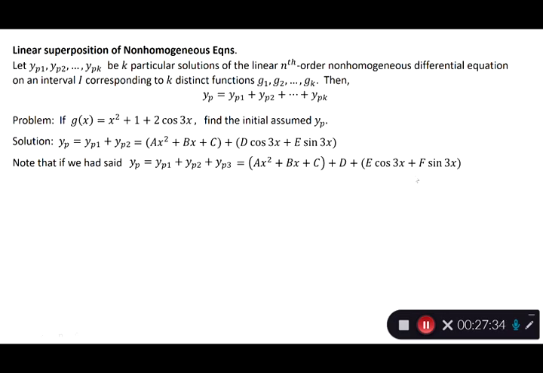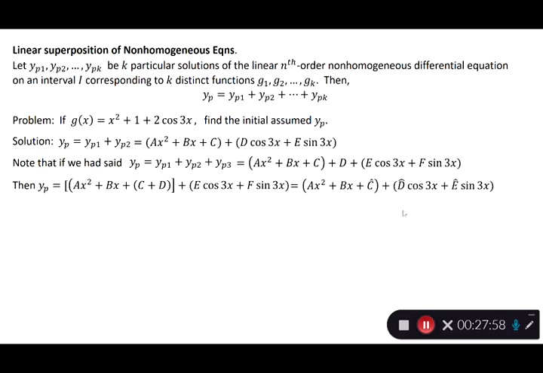See? But the thing is, could we not combine these two constants, c plus d, into one single constant? And so this is actually ax squared plus bx plus some curly c plus e cosine 3x plus f sine 3x, in which case we have only 5 constants. That's the idea. So, yeah, look, I called c plus d some c hat, and e as some d hat and e hat.